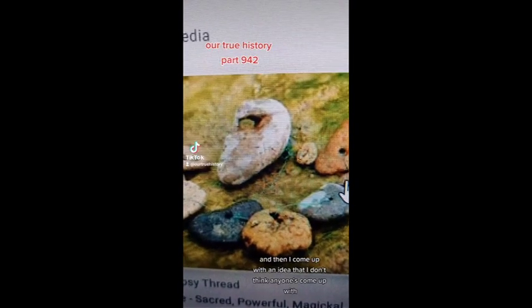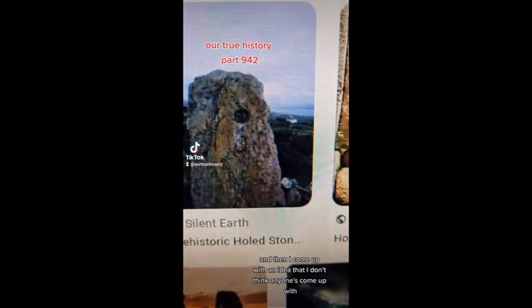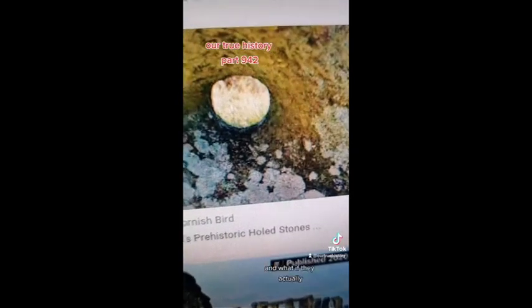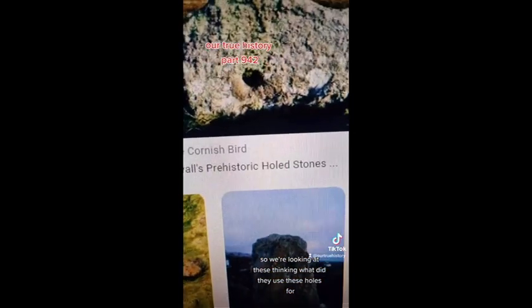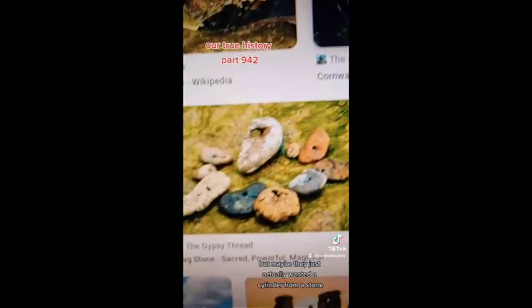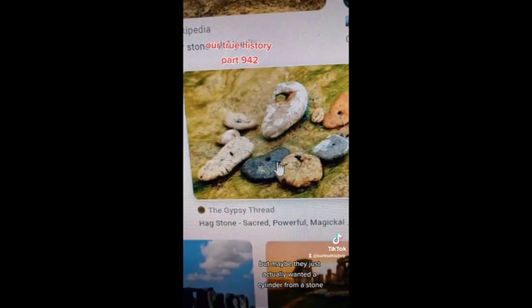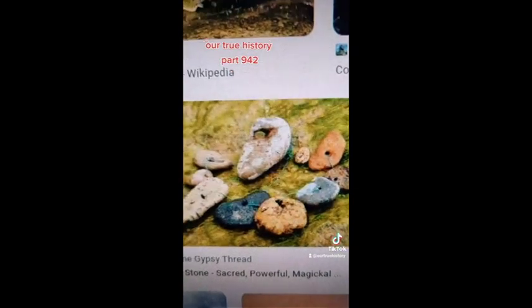And then I come up with an idea that I don't think anyone's come up with. What if the ancients actually just wanted the core part of it, the cylinder that they then create? So we're looking at these thinking, what did they use these holes for? But maybe they just wanted a cylinder from a stone, just like this guy did here, and they cut it out. What do you think?